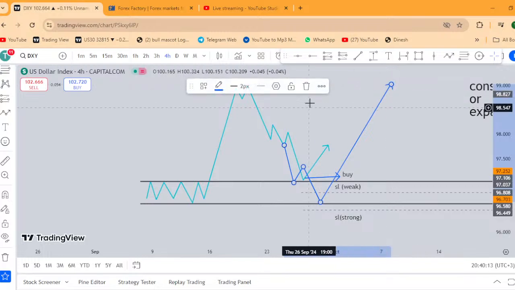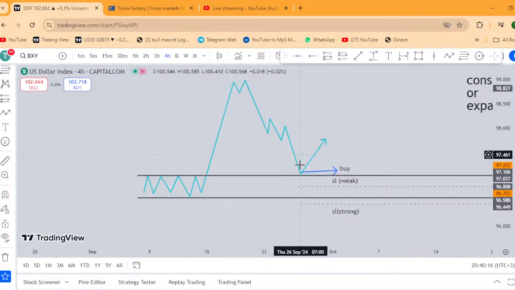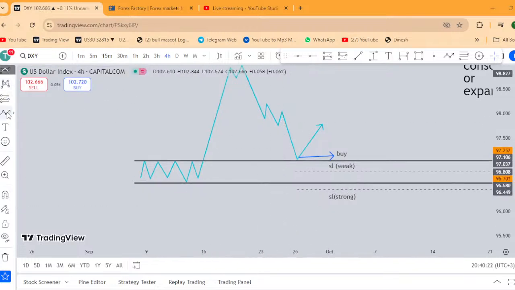But this strong stop loss, why do I say it is strong? If the market comes when I expect to buy from here, I execute my buy and I put my stop loss behind.